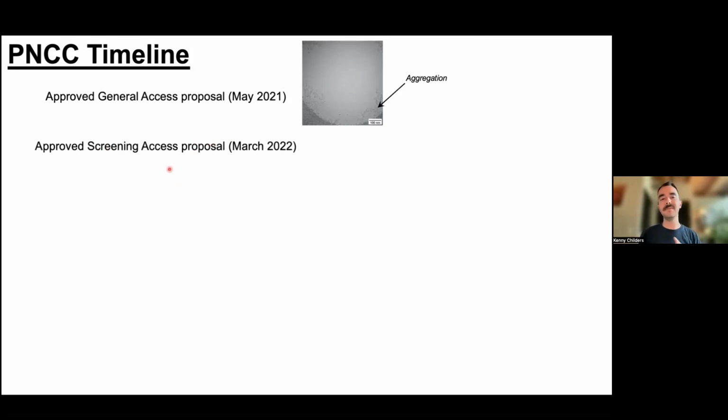The purpose was to allow researchers who don't have a full grasp of their protein and how it would behave on grids, and maybe don't have the means to study it at their own institution, a week of time at PNCC to screen their sample on different grids and conditions and figure out what works, rather than waste time in the general access proposal. So we wrote that new proposal and got it approved in March 2022.